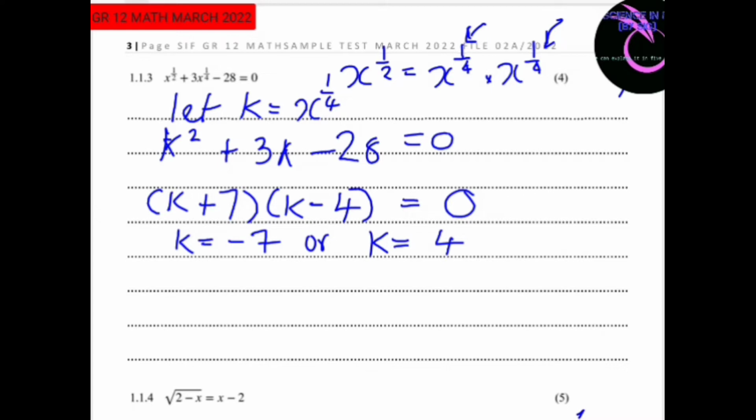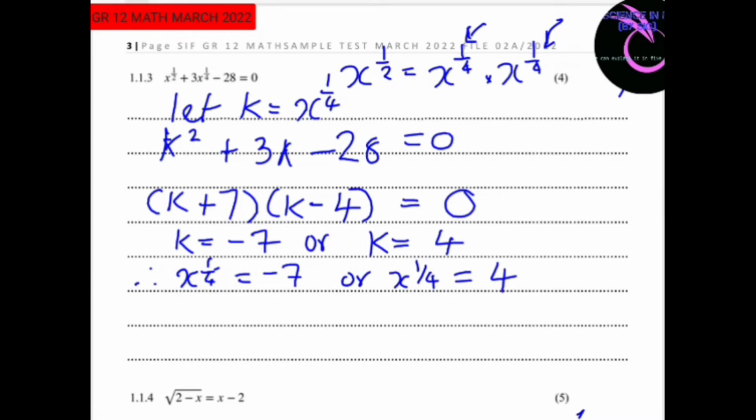But remember what k is. K is actually x to the power of a quarter. So x to the power a quarter is now equal to minus 7, or x to the power a quarter is equal to 4. We've already talked about how to deal with rational exponents. Raise them to the power of the inverse.